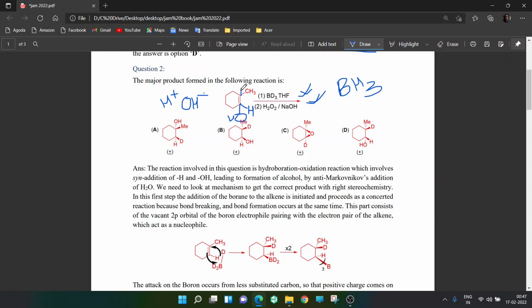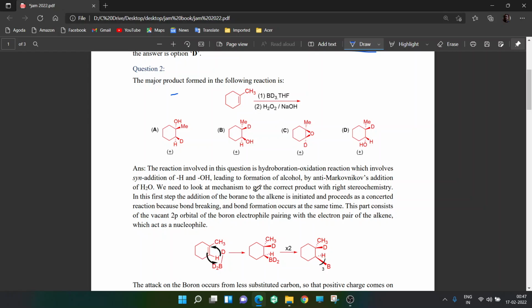That's what is hydroboration oxidation reaction. Apart from that, the addition of H and OH is in a syn fashion, the mechanism of which we will do very soon. So both of them will attack from the same side. With that rule, let us look at what happens in this question.